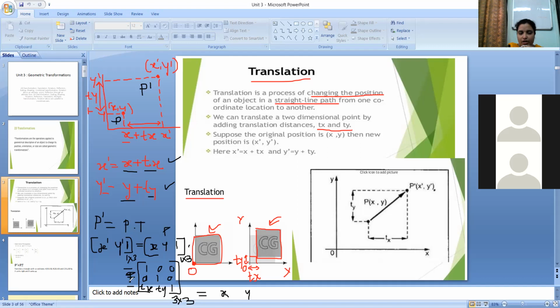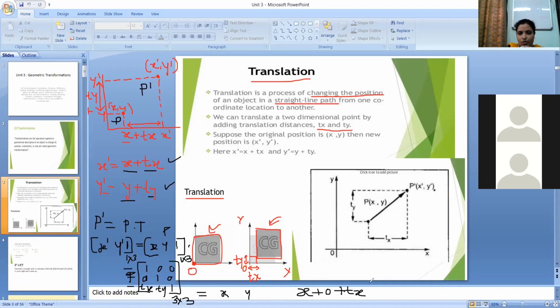Right? So when I do P dot T, the result I get is X multiplied by 1, so X as it is. Y multiplied by 0, so it is 0. And 1 multiplied by TX. So this is your first term, X plus 0 plus TX. Now calculate the second term, that is row into second column.